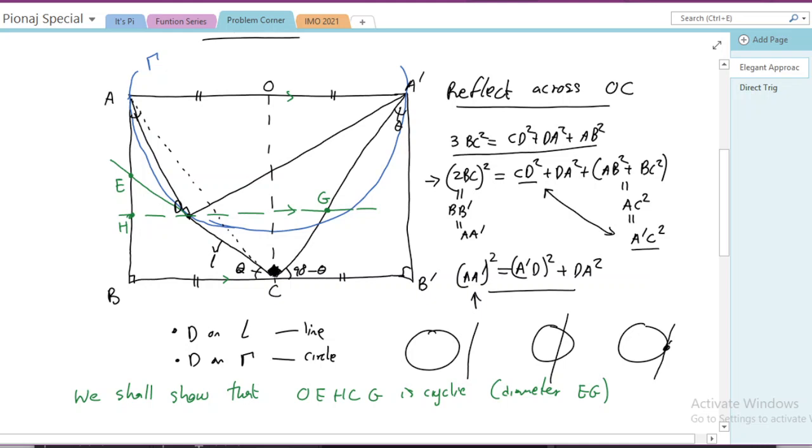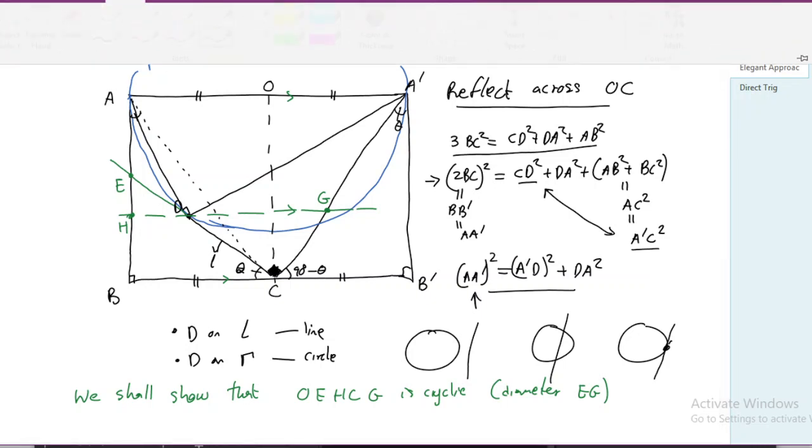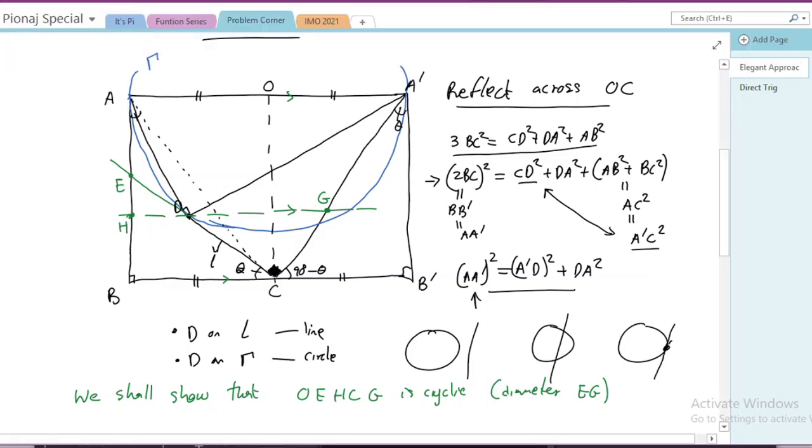Okay, so let me change color here a bit. So now the first thing we're going to do, since we know that CE is tangent to our blue circle, that's gamma, it means that if we draw a line from the center to that point of tangency, it should be at a right angle with the line L. Alright, so connecting these two right angles here, we get that this is also parallel.